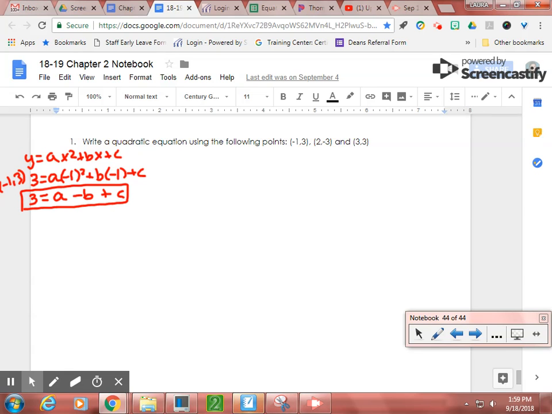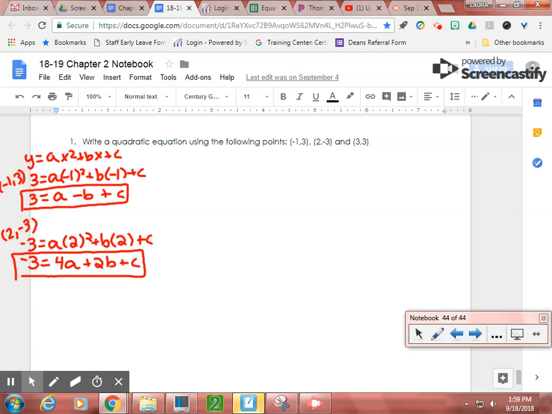Here's your first equation. So now we're going to do this again with our next one of 2, -3. So we know that y is -3. We're looking for a. So a times 2 squared, b times 2, plus c. So now I'm going to simplify. I'm going to get -3 equals 4a plus 2b plus c.